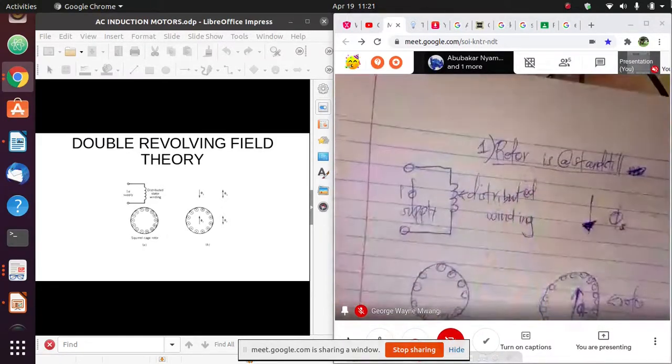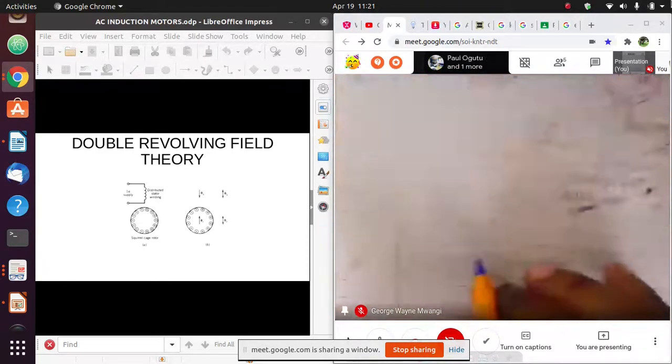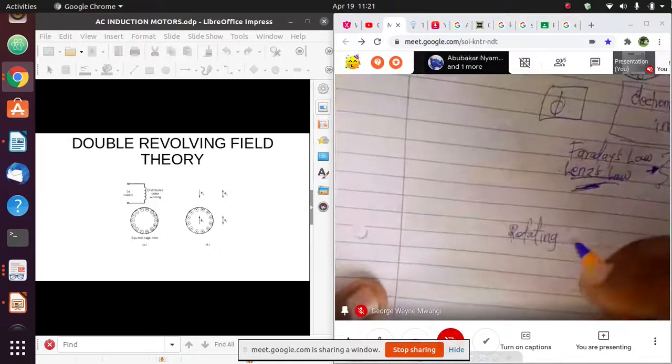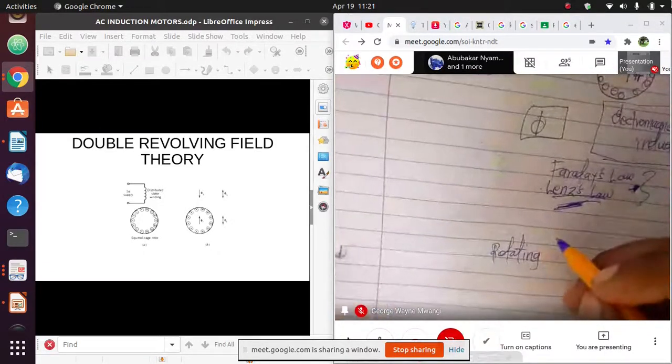The rotor is constant. Now, when the rotor is moving, and we have said that we can cause the rotor to move mechanically, you can take the shaft of that rotor and rotate it by hand.